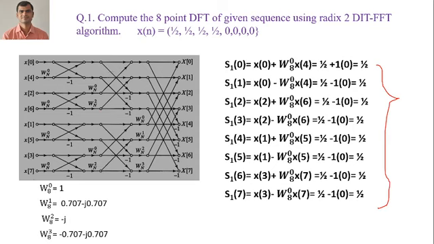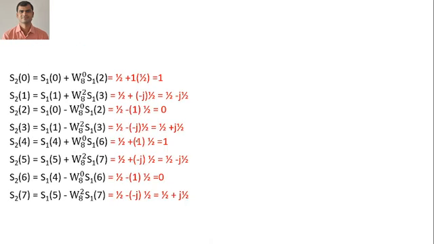At this it is S1 of 0 minus W80 S1 of 2, and at this it is S1 of 1 minus W82 S1 of 3. In a similar way we can find the other values also. S2 of 4 is equal to S1 of 4 plus W80 S1 of 6, then S2 of 5, S2 of 6 and S2 of 7. This is the output of stage 2.